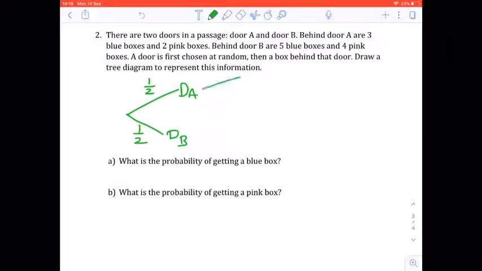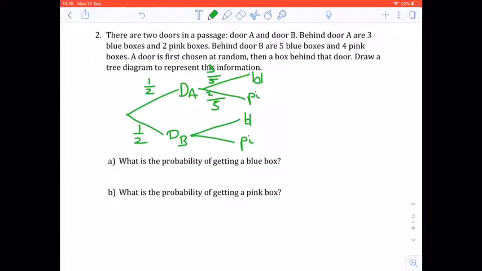So the boxes are blue and pink, and blue and pink. But let's look at those specific probabilities. So behind door A are 3 blue boxes and 2 pink boxes. So there's 5 boxes in total, so the denominator is 5. But there are 3 blue boxes and 2 pink boxes. So 3 over 5 and 2 over 5.